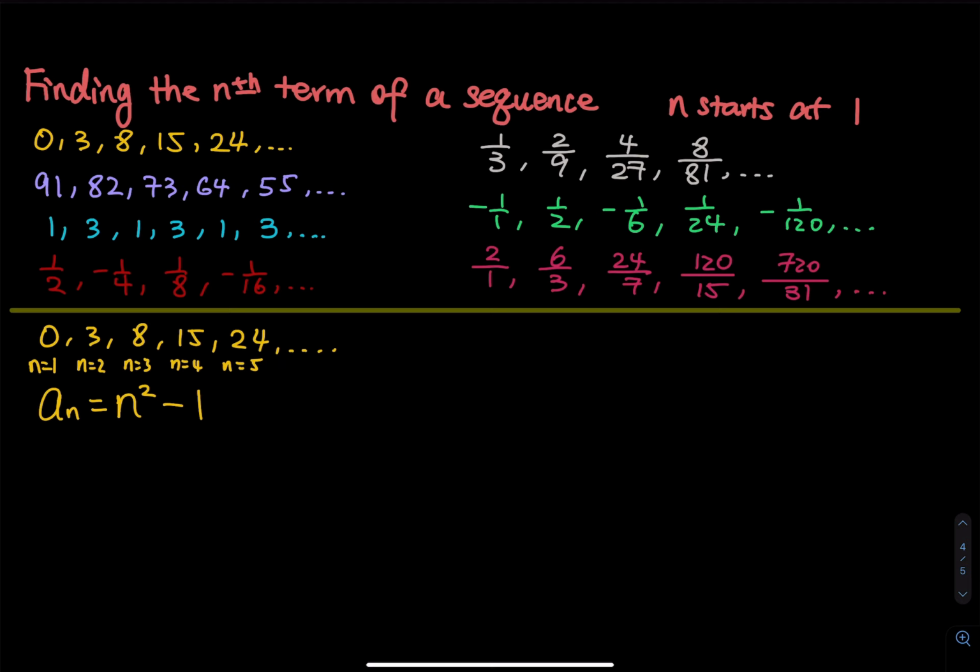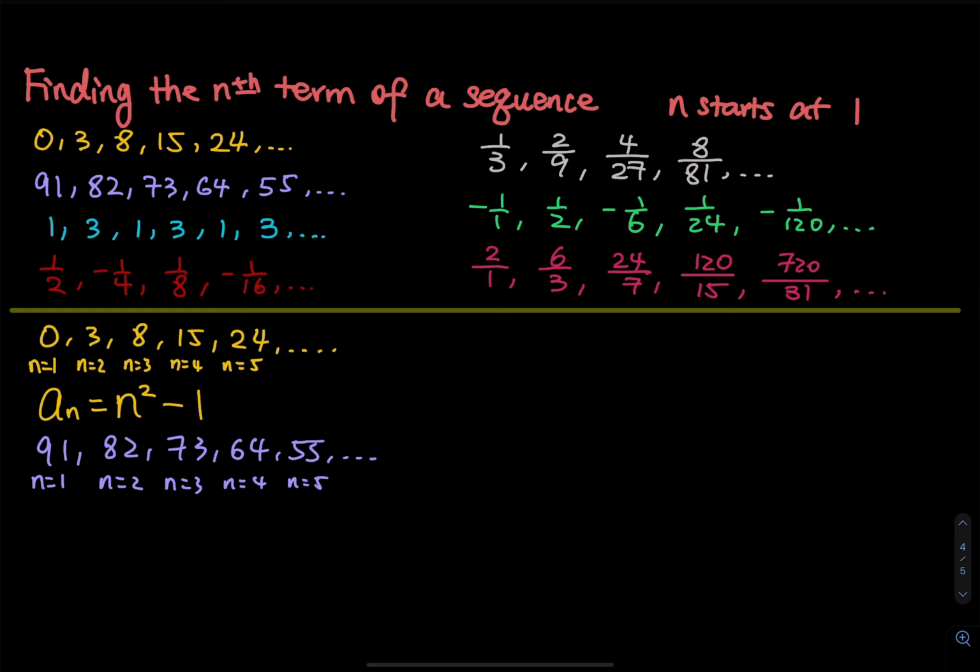Okay, the next problem, I'm going to match all the colors for you. 91, 82, 73, 64, 55, and so on. Okay, let's do the n. n equals 1, n equals 2, n equals 3, n equals 4, n equals 5, and so on and so forth. This one is pretty hard to figure out.